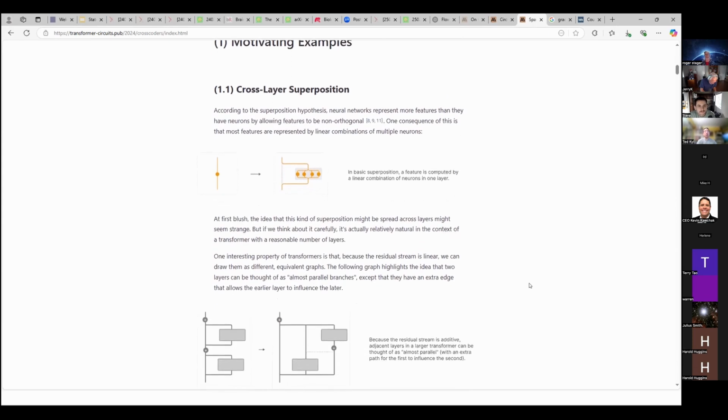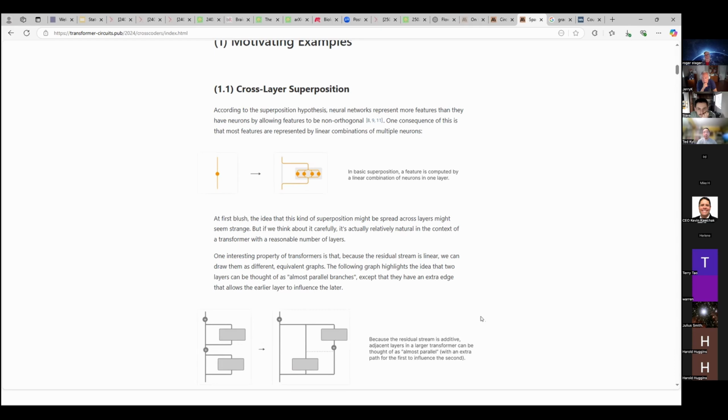Okay, so the basic idea here is in our sparse autoencoders, we had the idea of this very dense information that's running on the residual stream, and we could break that out into its component individual monosemantic concepts. If we built the perfect sparse autoencoder, it would exactly break things out.